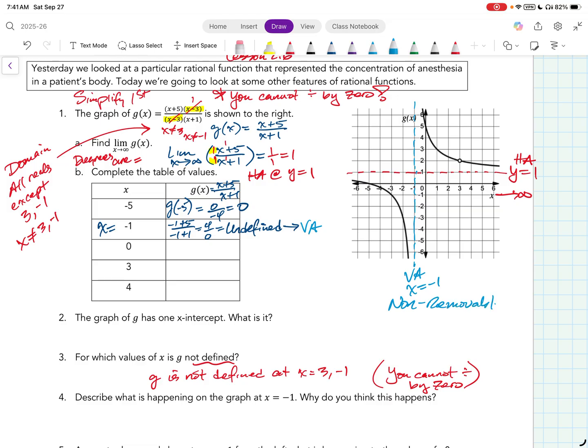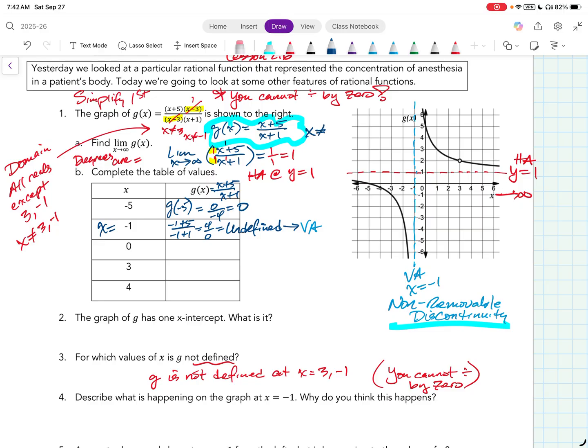Non-removable discontinuity. A vertical asymptote. And why is it called non-removable? Well, it's because we couldn't simplify it anymore. If you look at the simplified function, let me highlight it here, it has a non-removable discontinuity at -1 because the function's not defined at -1.